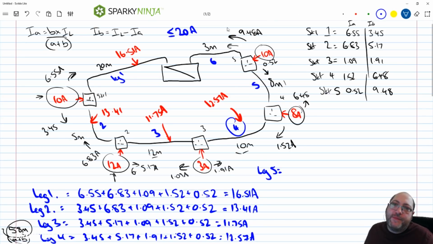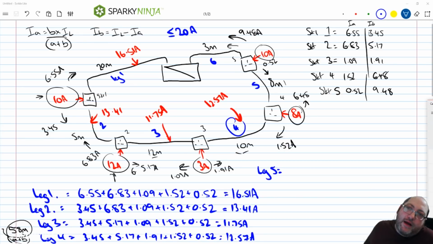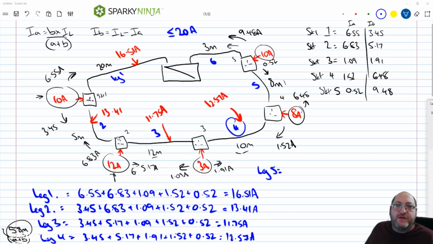Now leg 5 is going to be subjected to, where's my calculator? There's my calculator there. Okay, I'm going to have the IBs all the way down to 6.48 because that's this way. So socket A is pulling this way. Socket 1, socket 2, socket 3 and socket 4 are all pulling this way.